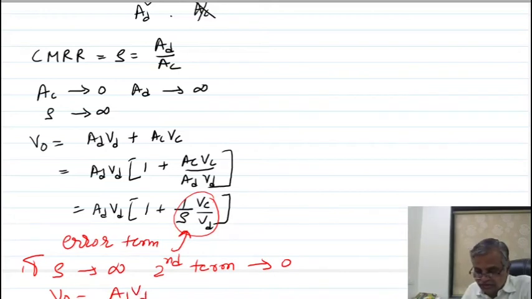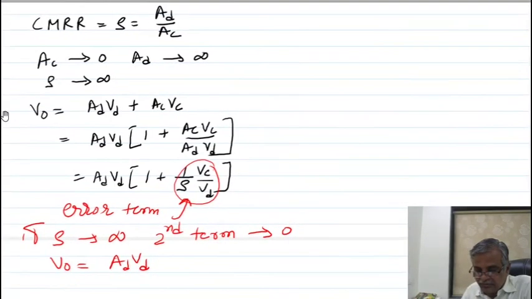This discussion shows that if the CMRR of the op-amp is very large, then the error term introduced due to the common mode signal tends to 0, and we get the output only due to the difference of the input signal. So for an ideal and good op-amp, rho should be infinite.